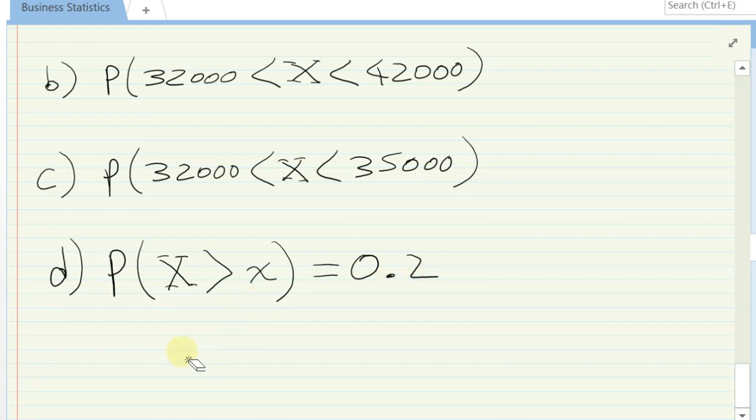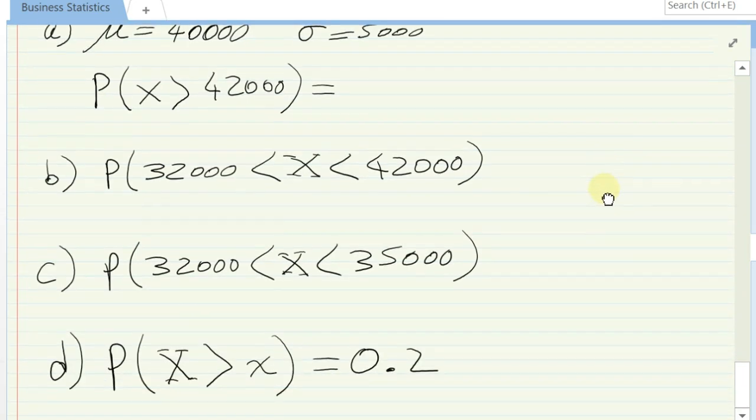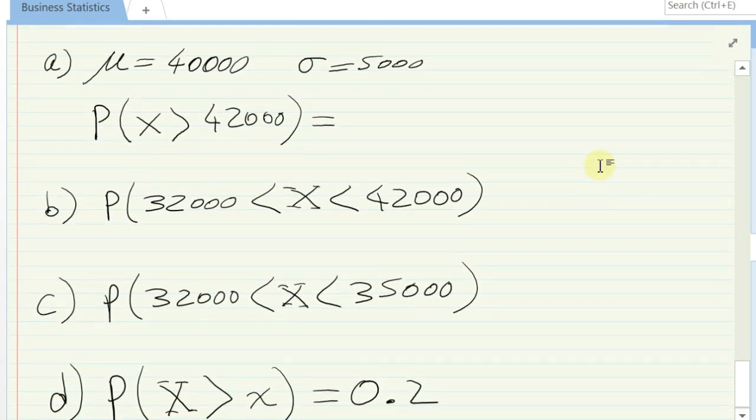So when we go to Megastat, remember, instead of putting in an X and finding the probability, we're going to put in the probability and find the X. So we'll do that last. Now, let's go to Megastat to complete this exercise.